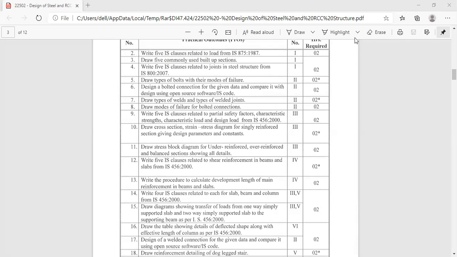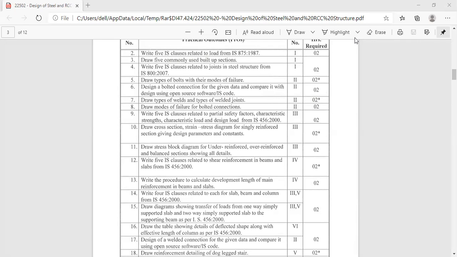Depending upon the type of section or type of load, we have to connect the sections, and we require a particular type of bolt. For example, the connection between the foundation and the column is different, and the connection between the beam and column is different. So depending upon the type of joint and the type of load or condition, we have to use the appropriate type of bolt.